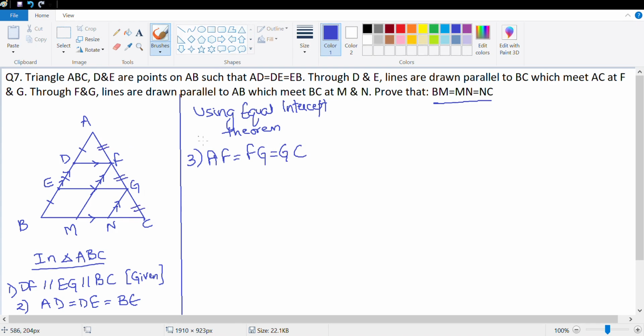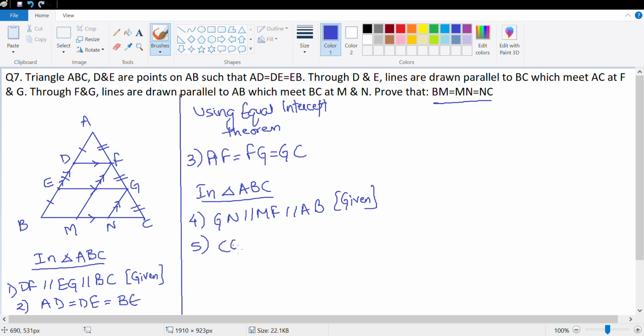Now let's look at the second set of parallel lines. Well, let's start writing. So in triangle ABC, this time I have GN is parallel to MF parallel to AB. And number 5, this is given, and what I just found out was CG is equal to GF is equal to FA. This is from 3.